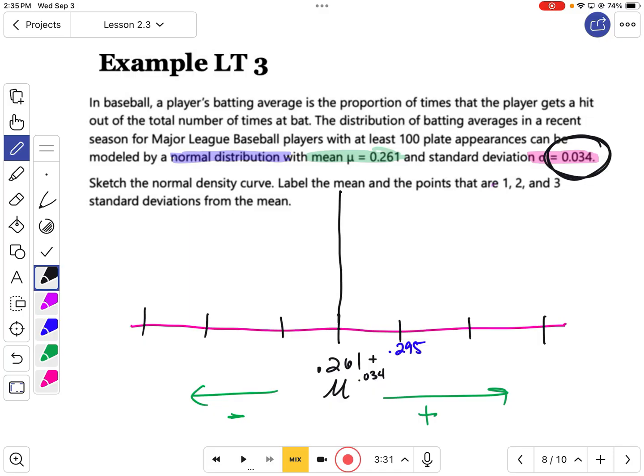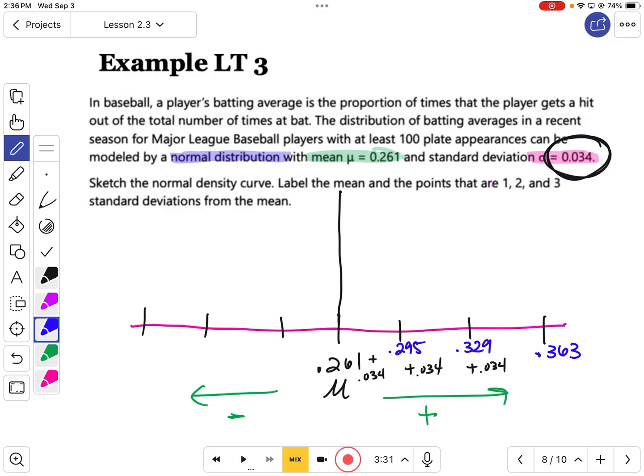Then I add that 0.034 again, and that gives me 0.329. Do it one more time, plus 0.034, and I get 0.363. As I go forward, I add that standard deviation number each time.